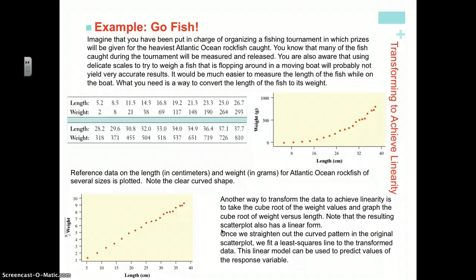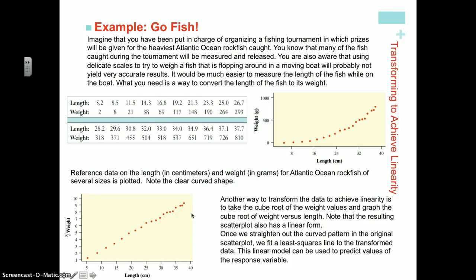Another way to transform the data to achieve linearity is to take the cube root. It's basically the same thing, but you're doing the opposite. So take the cube root of the weight values and graph the cube root of weight versus length. So now you're cubing the weight and leaving the length; you're just doing the opposite.